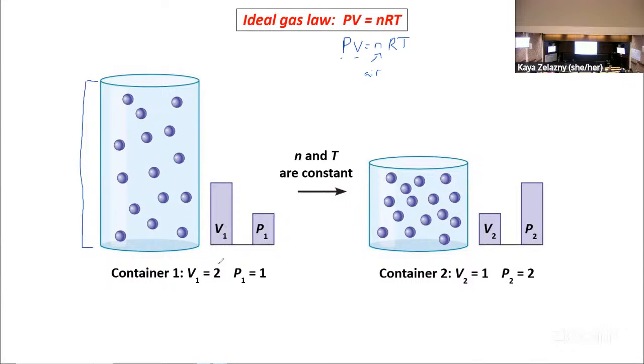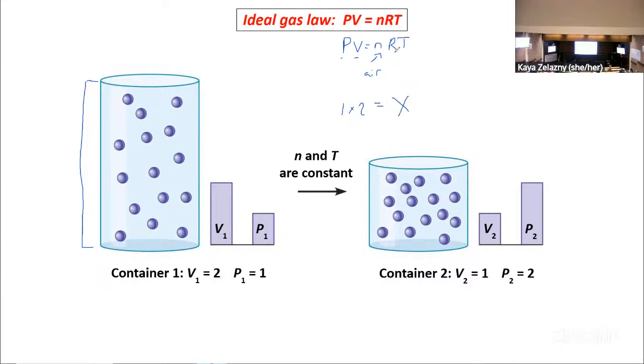In this case, a pressure of 1 times a volume of 2 is going to give us some number, this nRT. I'm just going to write an X because we're not going to change any of these values right now.